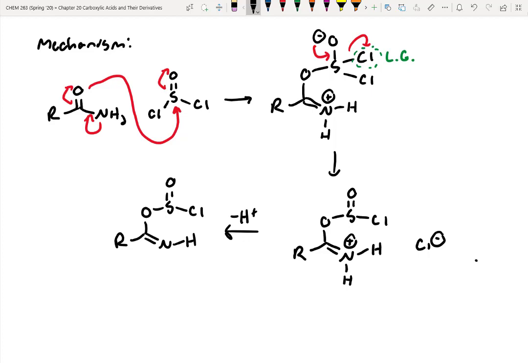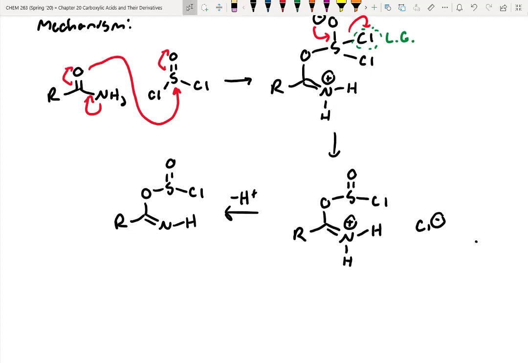And in this next step, we can use a really weak base. In this case, it's probably even just going to be chloride to do this final deprotonation step. And so what the chloride's going to do is it's going to grab that proton. It's going to clamp down here and then further kick off the chlorine.